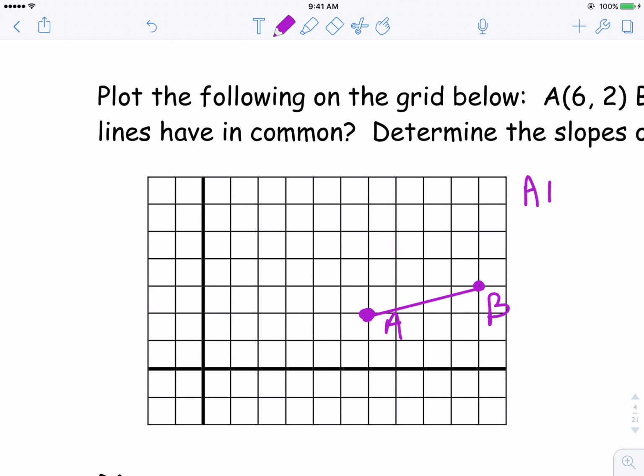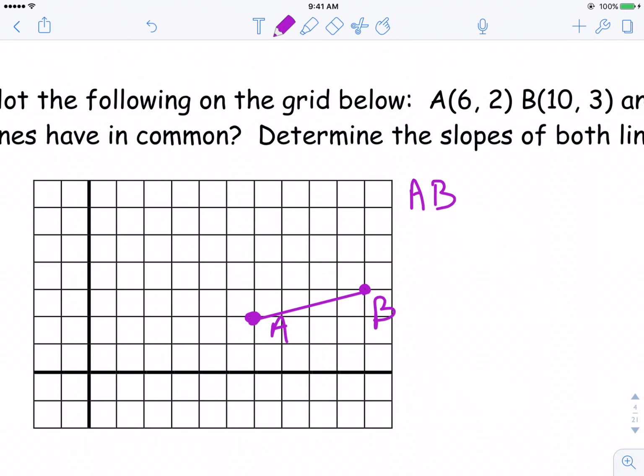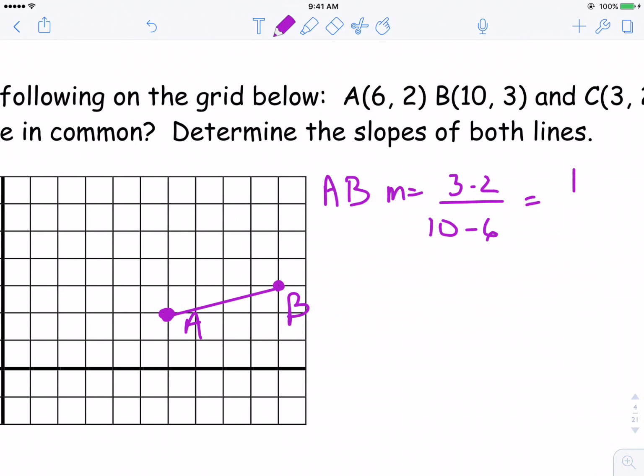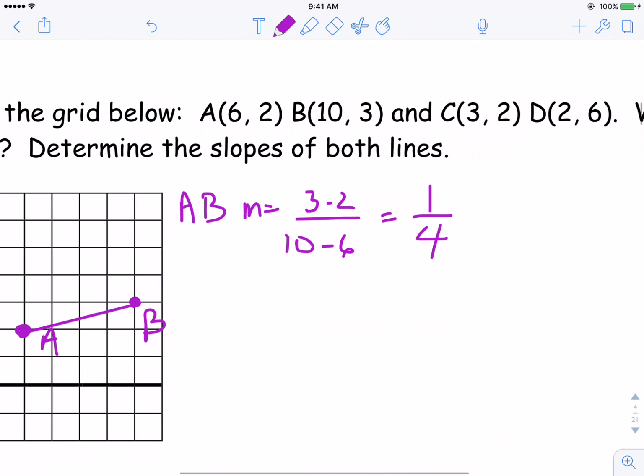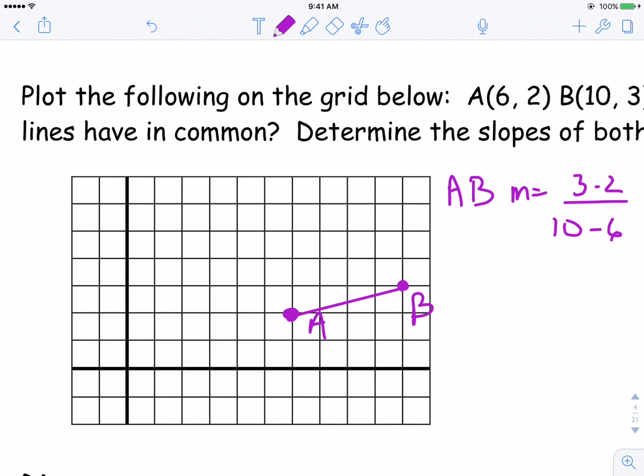AB has a slope of 3 minus 2 over 10 minus 6, which is equal to 1 over 4. And then CD is 3, 2, and 2, 6.